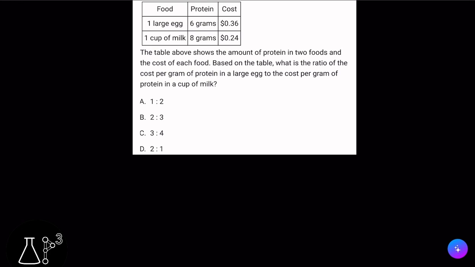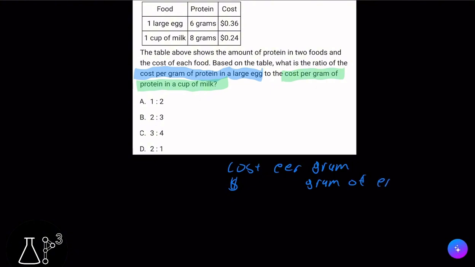They're looking for the ratio of cost per gram of protein in a large egg, and then cost per gram of protein in a cup of milk. So what we're looking for is cost, or money, per gram of protein. Let's see, large egg.